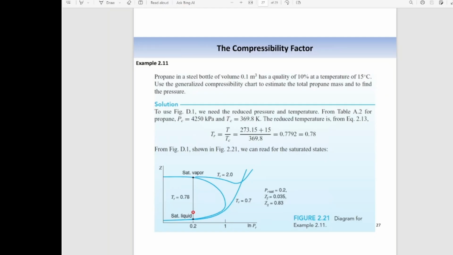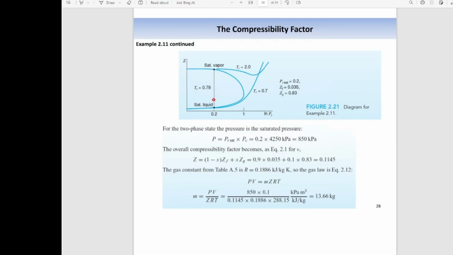We use that information to find the reduced temperature first, which gives us approximately 0.78. The other information we'll extract from here is the reduced pressure at saturation and the compressibility factors at the two saturation points.